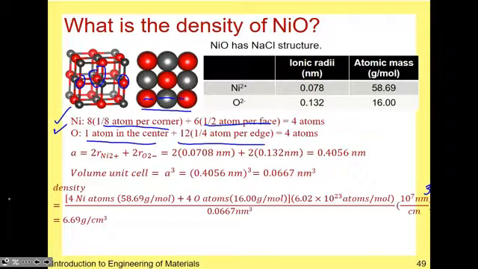Where's the 44 coming from? 10 to the 44: Avogadro's number times 10 to the 7th. That doesn't change the fact that there's a times 10 to the 44.